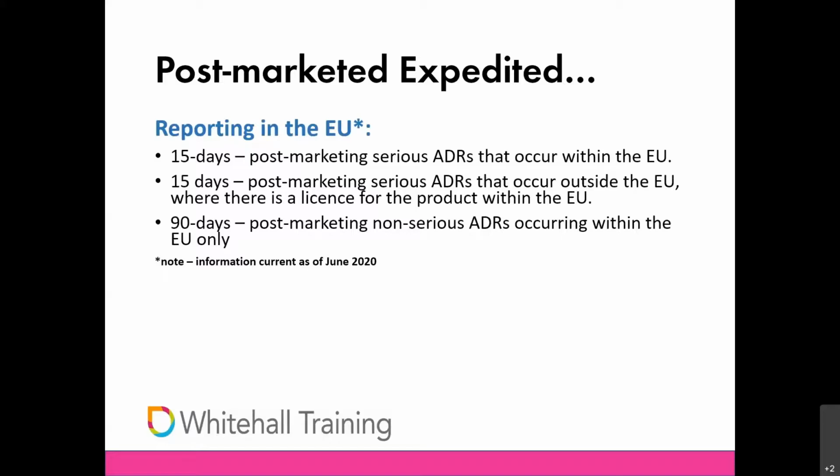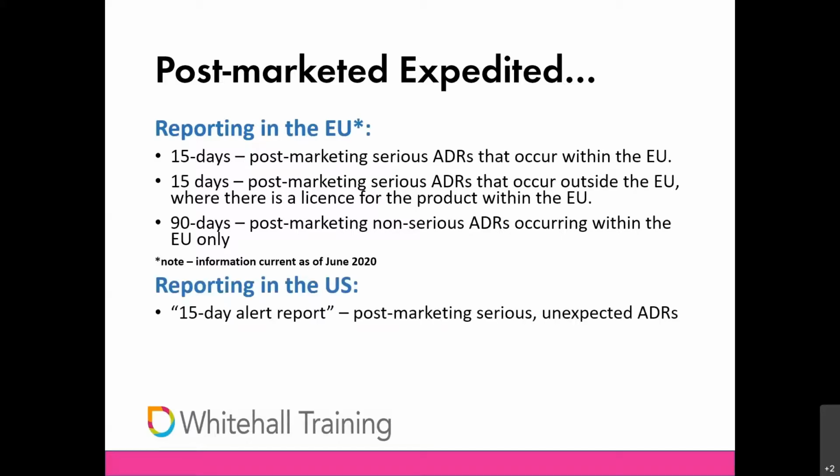Once you get into non-serious ADRs occurring within the EU, then the deadline becomes much longer, 90 days. In the US, rather, there's a 15-day alert report, which is broadly similar to the EU. So that's for post-marketing serious unexpected ADRs. And in the US, non-serious ADRs are discussed in aggregated reports. I'll talk about aggregated reports in a minute.